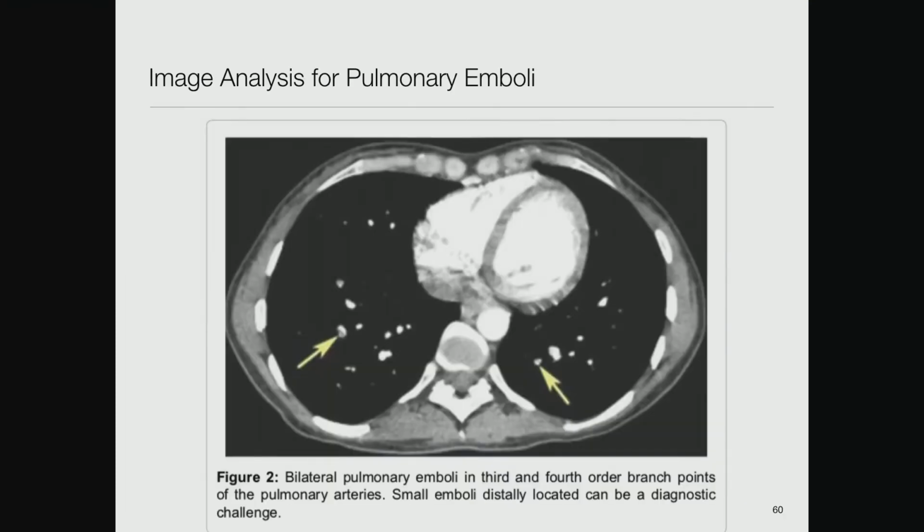Now, as I said, I'm not going to get into this today, but this was a very successful, recently published paper where they're able to take a look at images of the lung.